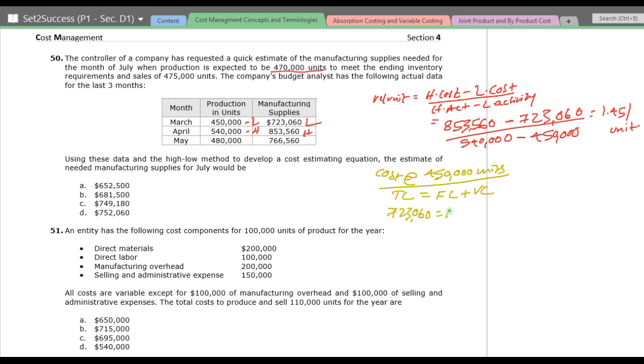Fixed cost we don't know. Variable cost is 1.45 into 450,000, which gives you a fixed cost of 70,560.